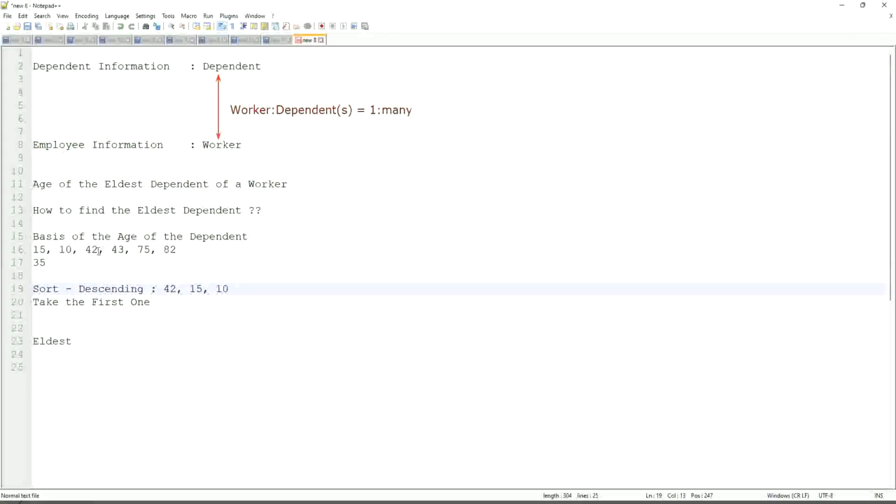Right. Only one problem is if there are multiple dependents with the same age. If there are only children as dependents, and there is a twin of the same age, then it becomes difficult, but other than that it is more or less foolproof.